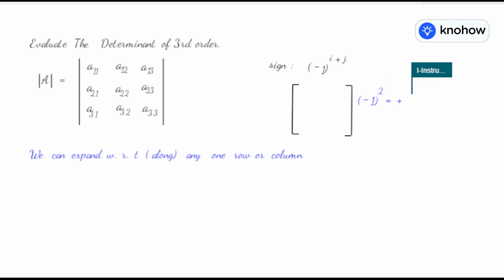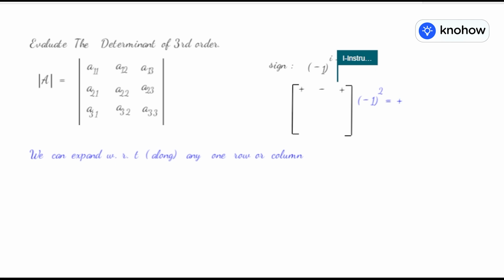So we'll take plus. And then minus 1 to the power 1 plus 2 will make it 3, so it will be negative. Then with 1, 3, it will be 1 plus 3, 4, so minus 1 to the power 4 will make it positive.